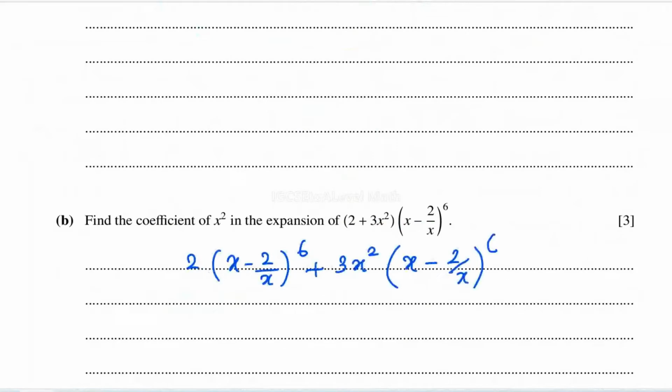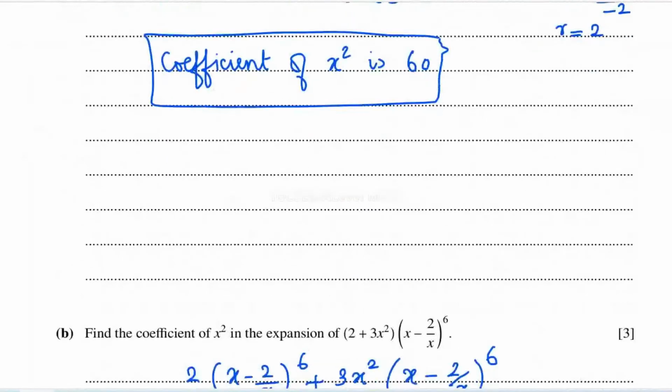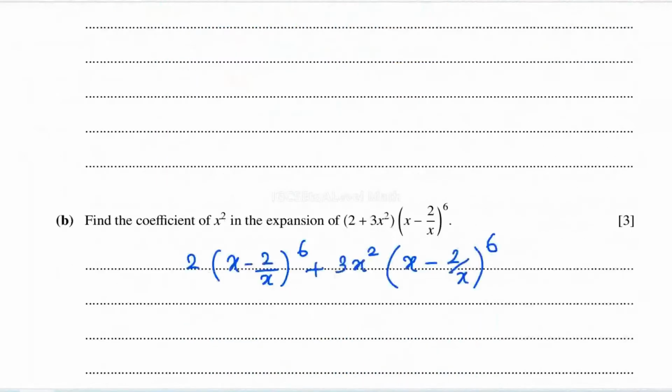Okay, for the first term we know the coefficient of x square is 60, that we calculated in part A. So coefficient of x square is 2 multiplied by 60 for the first term.